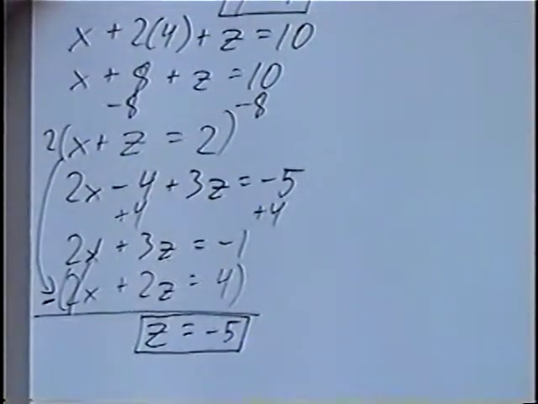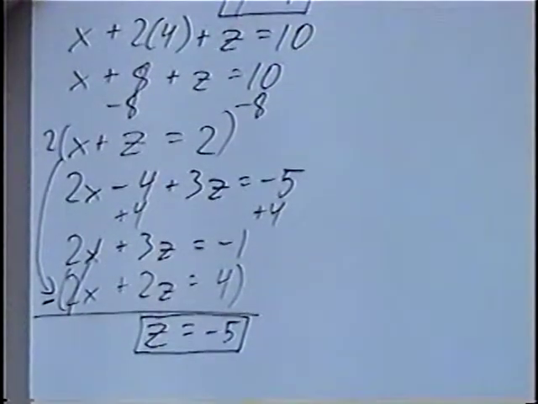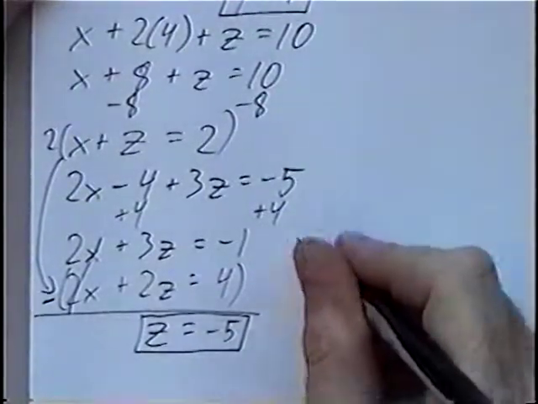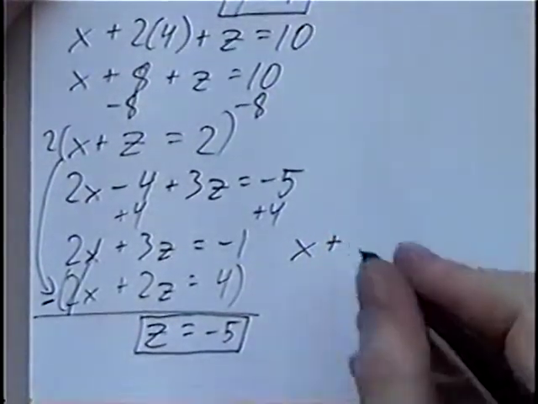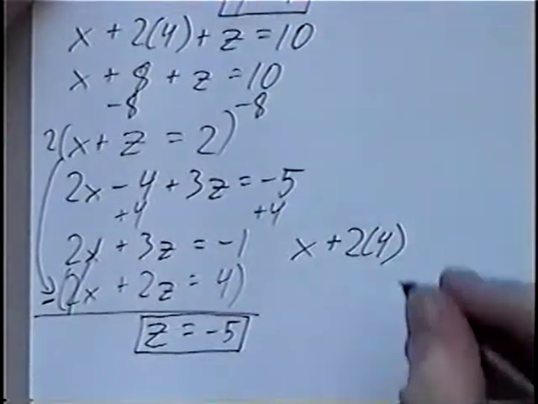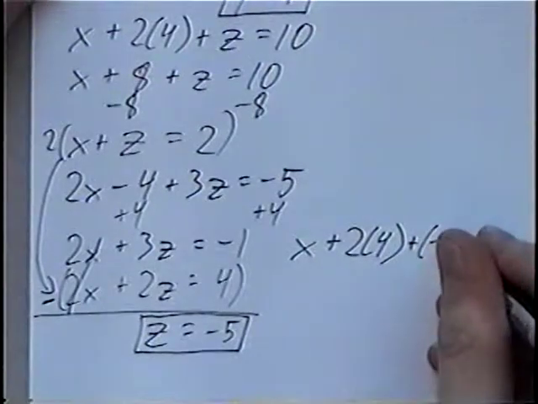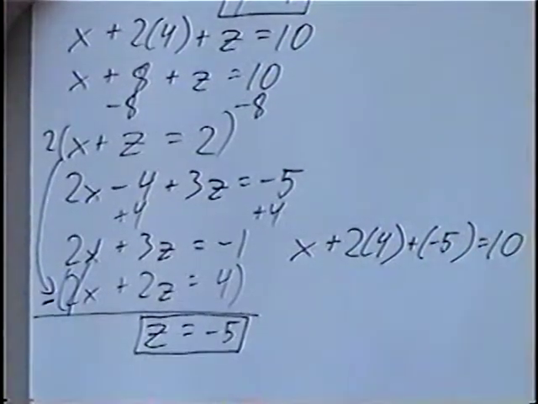So we have y equals 4 from the original problem, z equals negative 5. Once you have two variables, you can plug them back into either of the first equations to solve for x. If we take the first equation, which was x plus 2y, but instead of y we'll put in 4, plus z, but instead of z we'll use negative 5, equals 10.